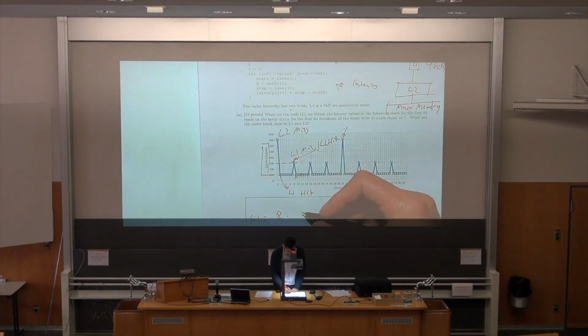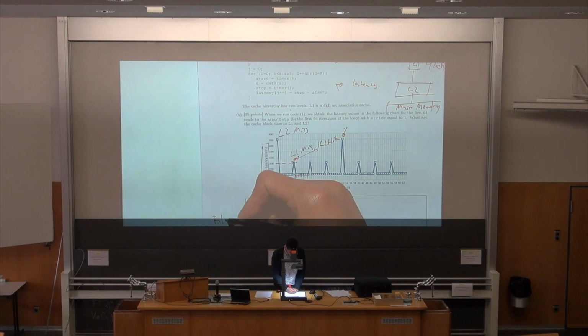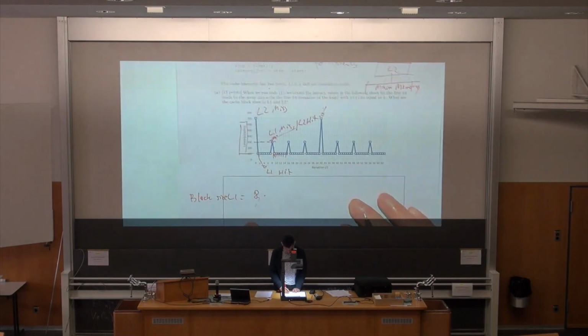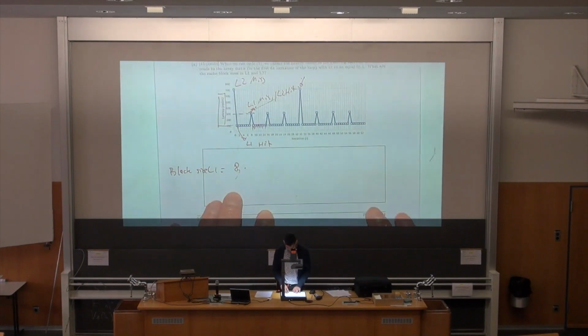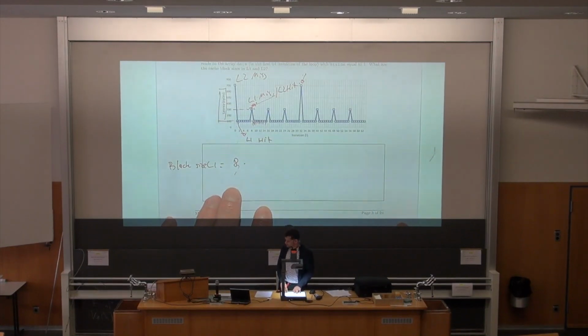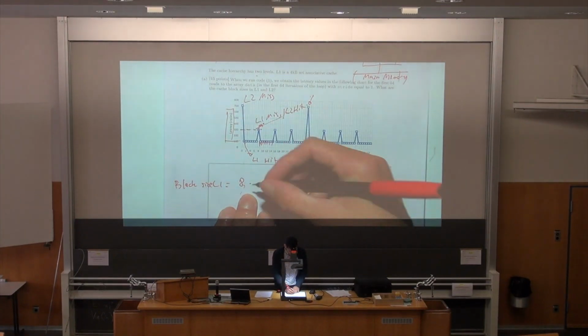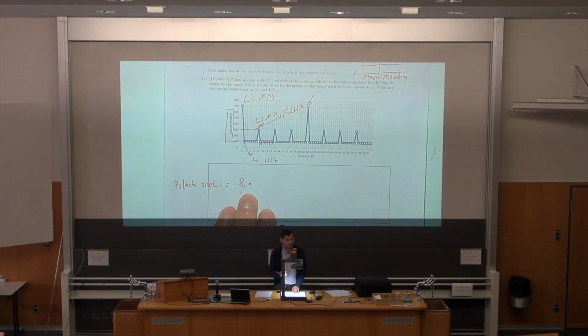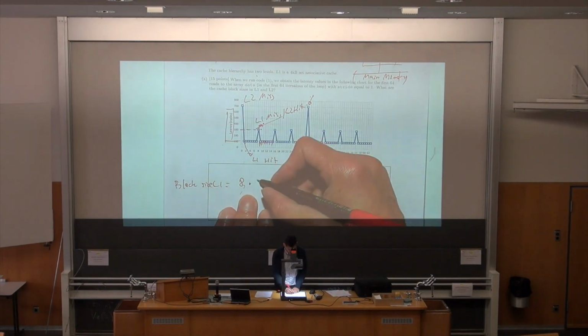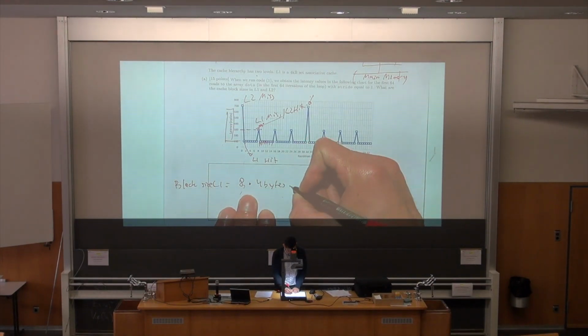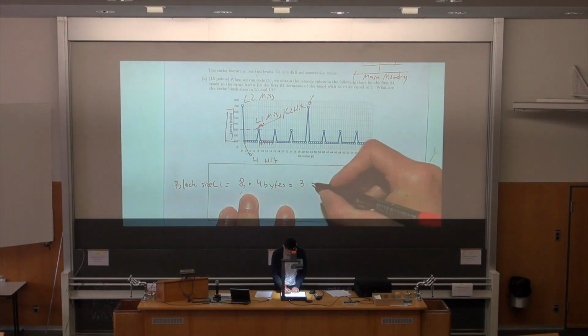So the cache block size should be 8 times the size of each element, that is 32 bits or 4 bytes. So it's 32 bytes.